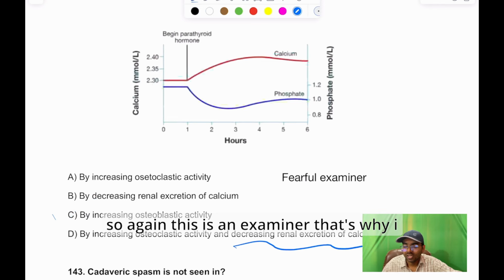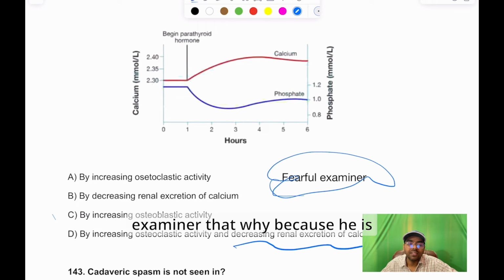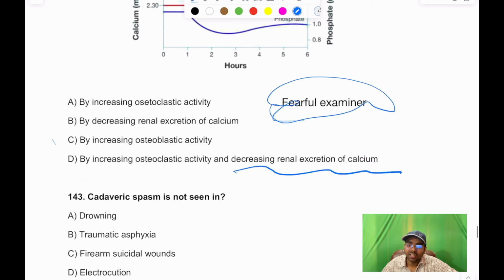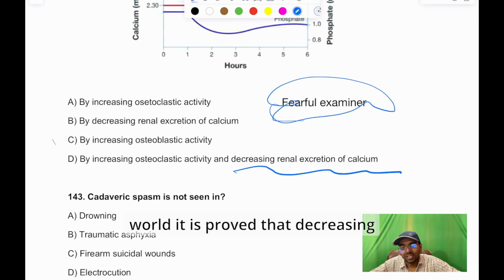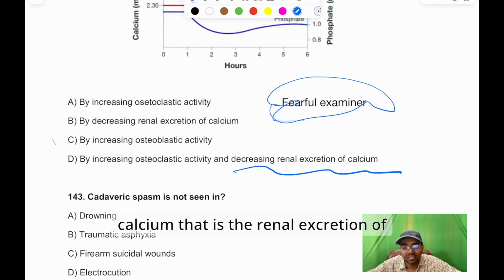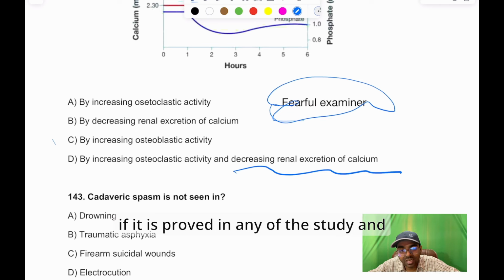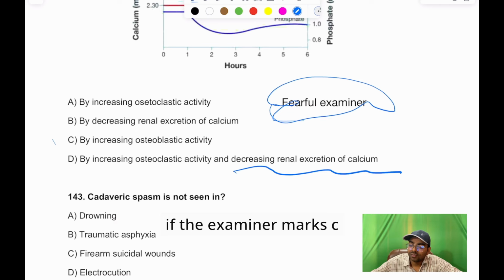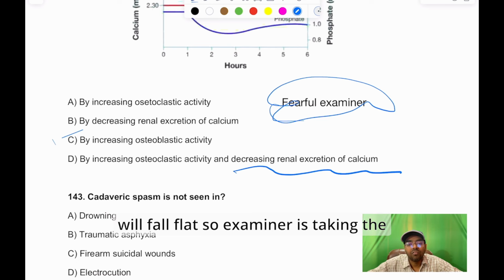So again, this is an examiner, that's why I have written fearful examiner. Why? If in any research anywhere in the world it is proved that renal excretion of calcium is decreased, in any study, and if the examiner marks option C right, then this question will fall flat.